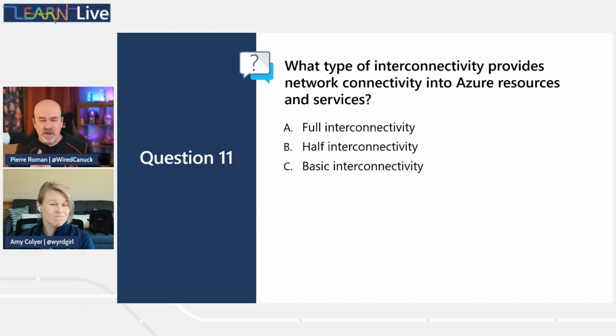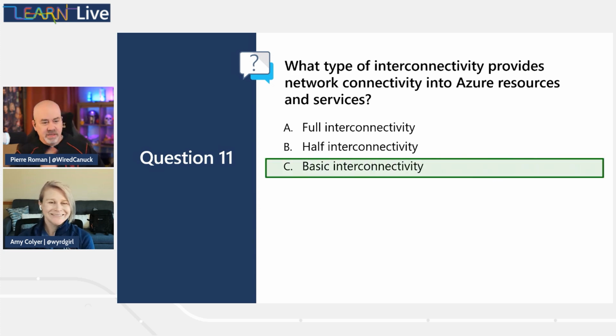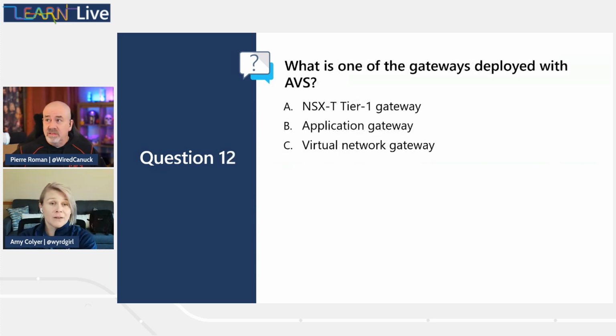I think if I remember correctly, what you said during the session is that basic provides you just one way into the Azure resource and services, but the full is bi-directional, so you can do migration back and forth. Yeah, single, you have one virtual network, and you're just using your VPN in. Okay, so let's see if we are correct here. And basic again.